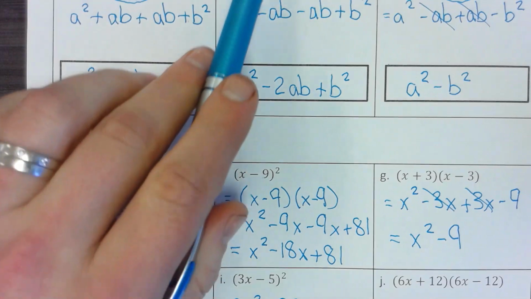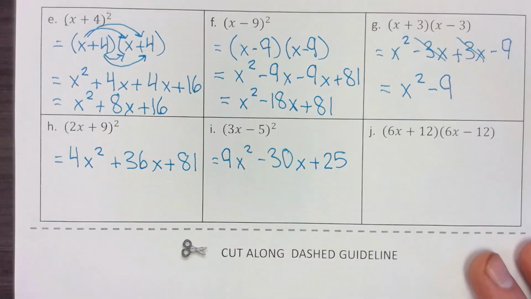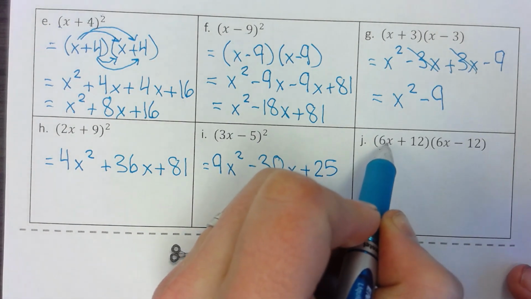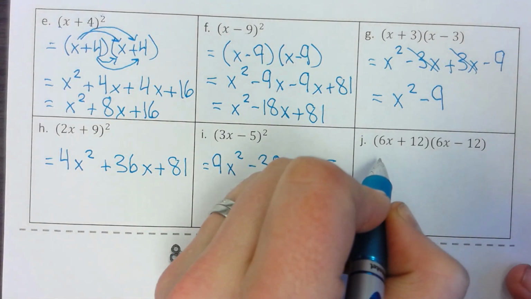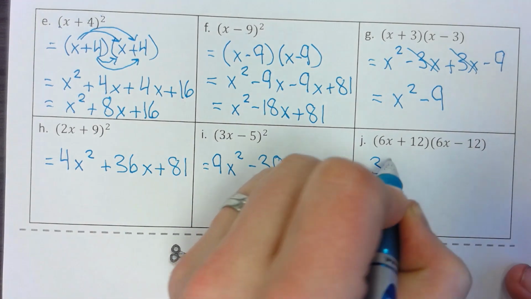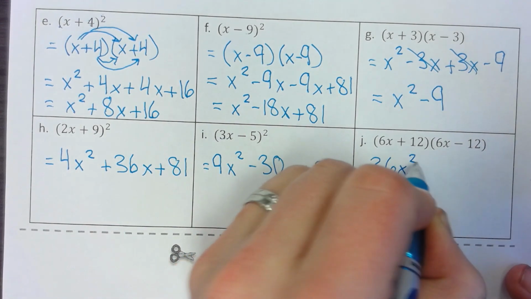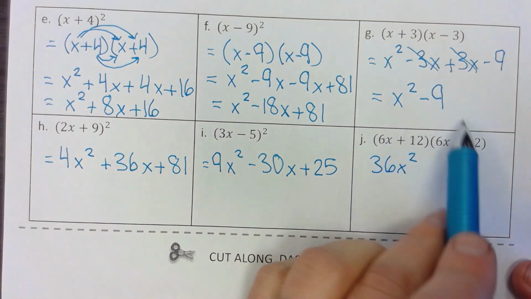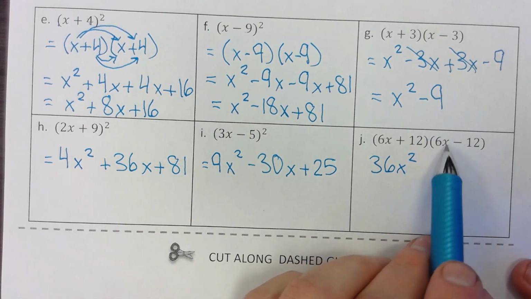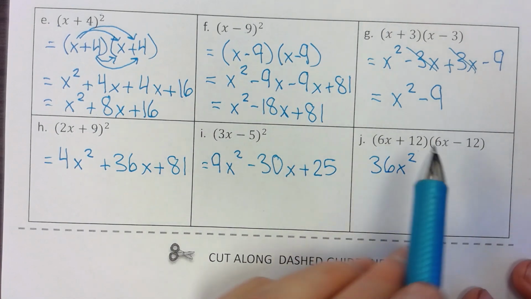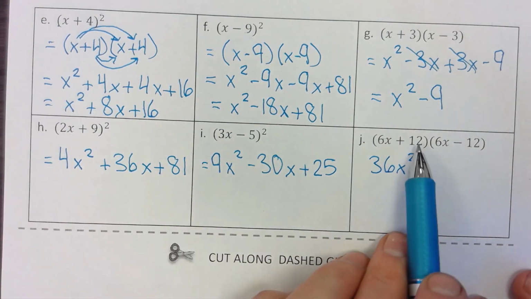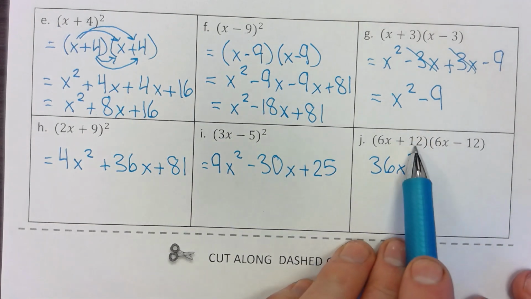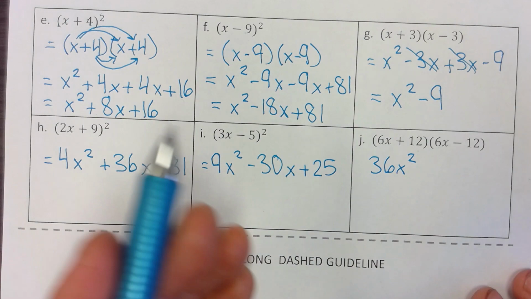Are you starting to see where these rules are coming from? Finally, here's the cool one. 6x times 6x, well, that gives me 36x squareds. And I don't care what's last or outside or inside, because they're going to cancel each other out. 6x times negative 12 and 6x times positive 12, well, those ideas are going to cancel out.